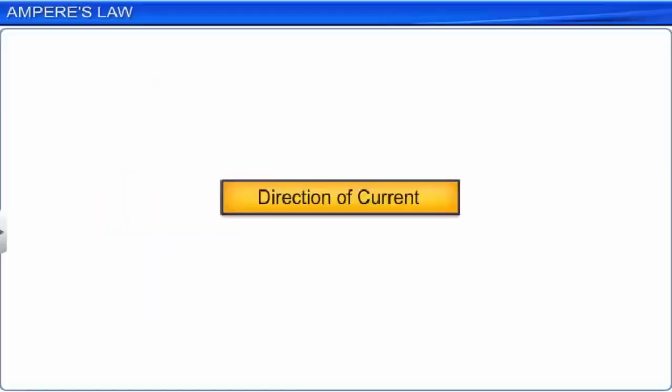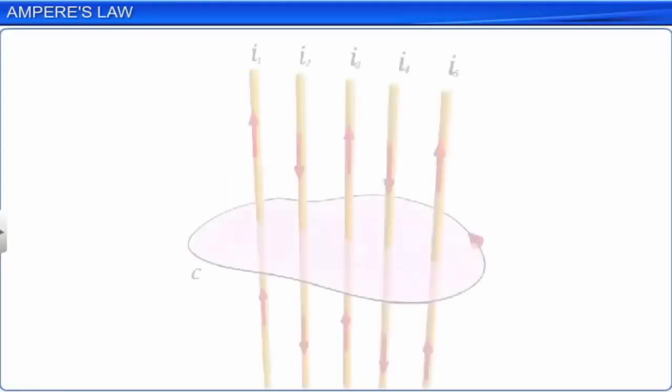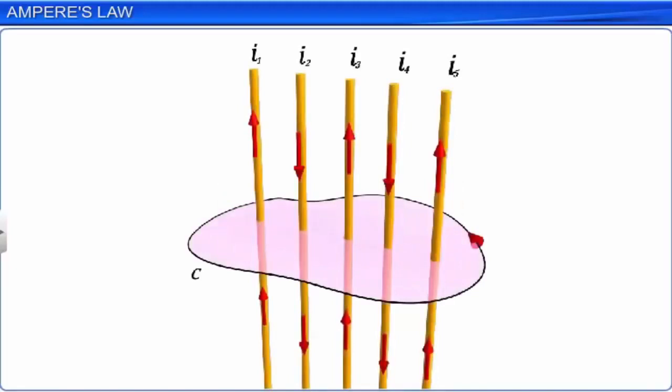Now we shall discuss the rules to assign sign to the direction of a current in an Amperian loop. Let us consider multiple current-carrying conductors enclosed by an Amperian loop. Using the right-hand thumb rule, we can assign signs to these currents depending on the direction of their flow. Curl the fingers of the right hand along the arrow mark on the curve.